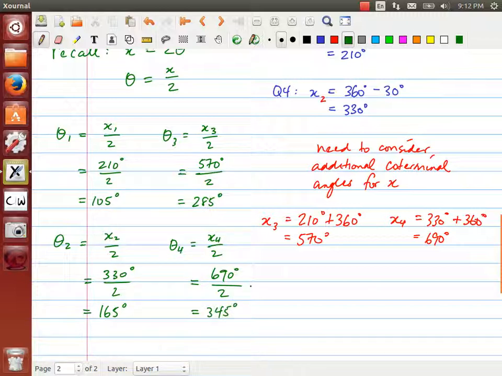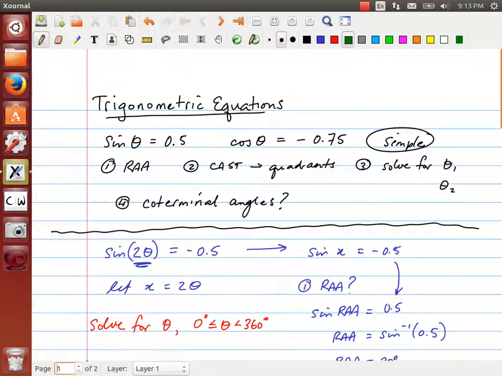Now take a look at those 4 values that I just came up with for theta. I'm going to go back to our previous page so I can refer to this. Our original question said that 0 degrees is less than or equal to theta, less than or equal to 360 degrees.